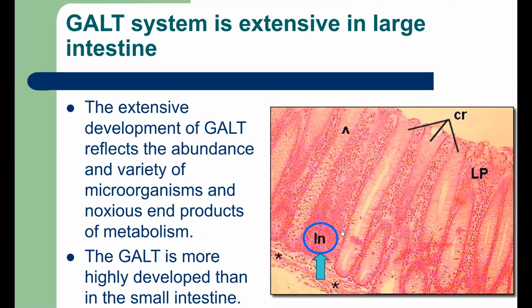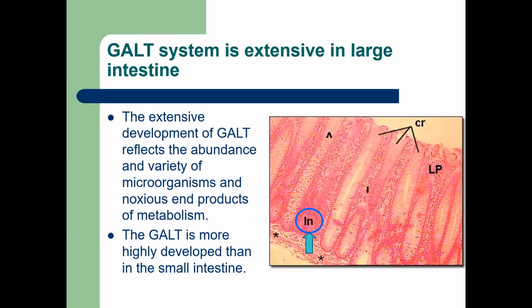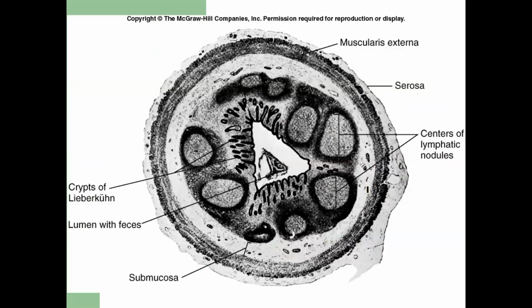Also, these lymph nodes are constantly surveying material that comes in here, and the gastric associated lymphoid tissue is more highly developed in the large intestine than in the small intestine. And here's a really beautiful cross section that shows you these lymph nodes here.